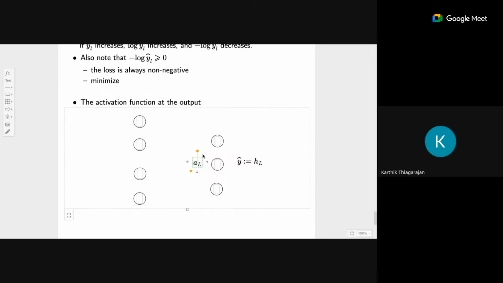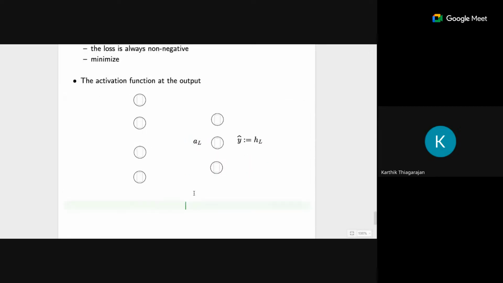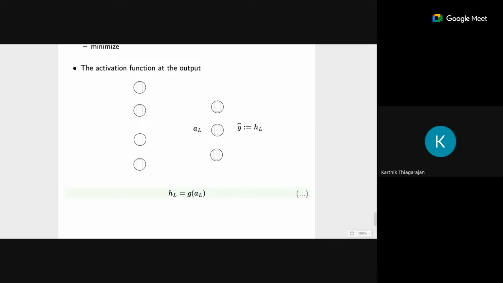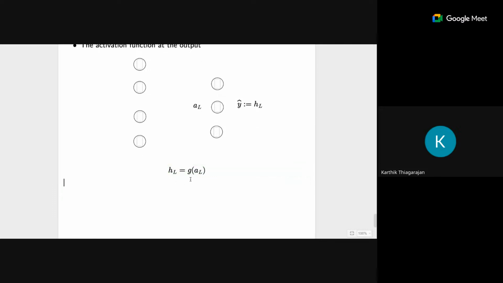So I need some G of AL. G of AL will give me HL, that is clear. But it should have the property that HL is a probability distribution, that is, the sum of the components of HL sums to 1. Such a function exists, and it's called the softmax function.